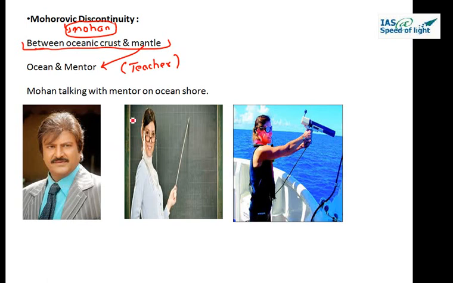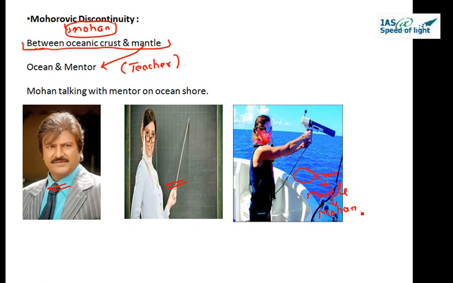So now we will club all these images: Mohan Babu and the mentor of Mohan Babu, or the teacher of Mohan Babu, taking instructions on the seashore or ocean. So ocean plus mentor is Mohan. So Mohan is taking instructions on the seashore, on the ocean, with his mentor.